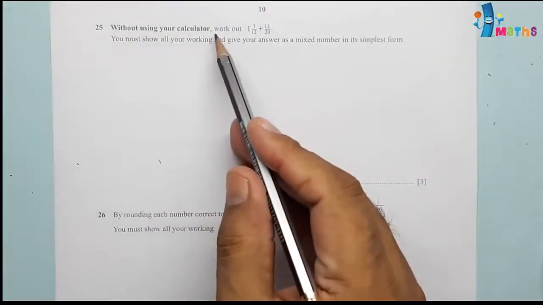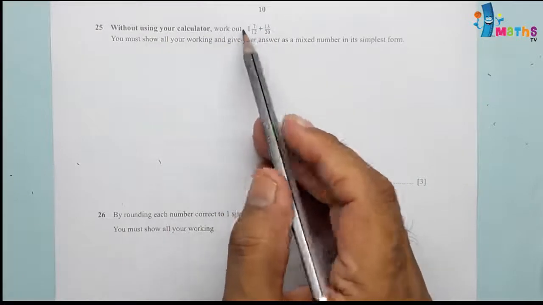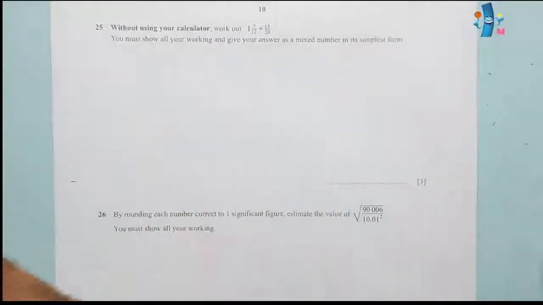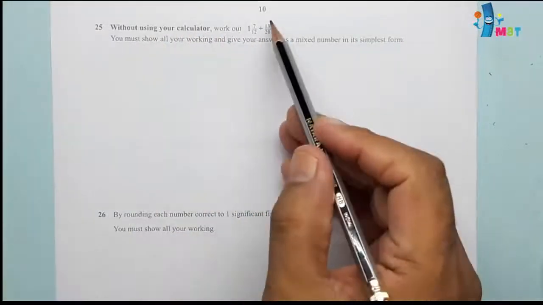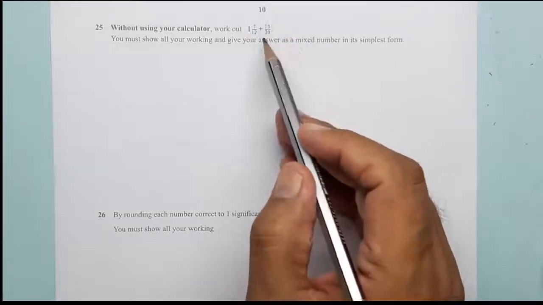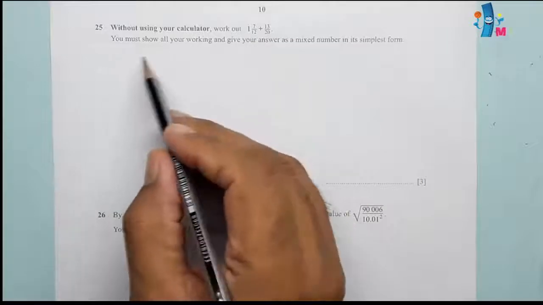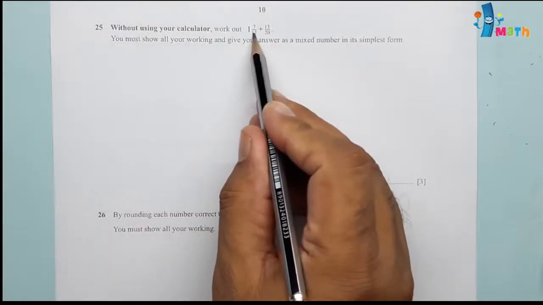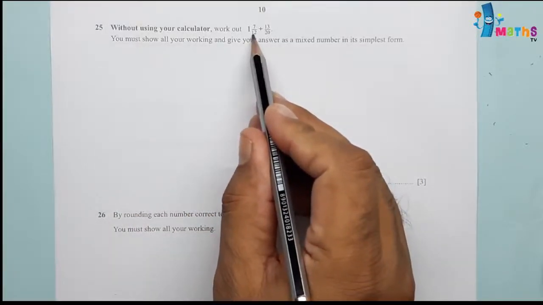Without using your calculator, work out this. Basically they require your whole working so that they can check whether you are able to calculate the fractions or not. So this is a mixed fraction, so we can change this to improper.